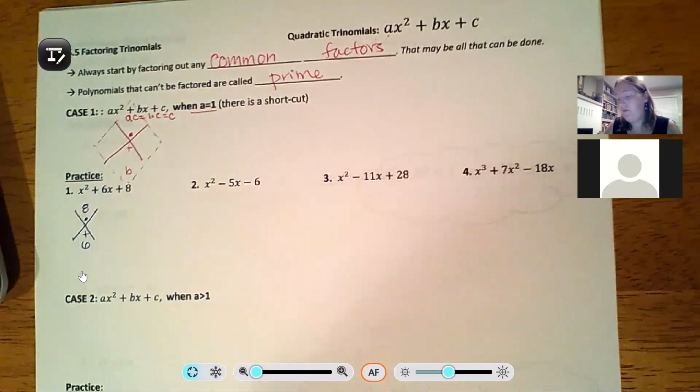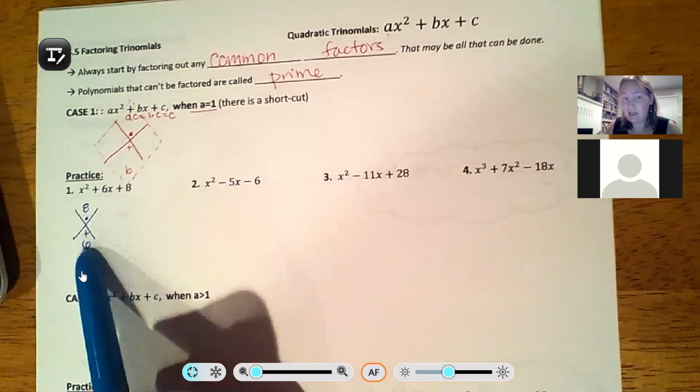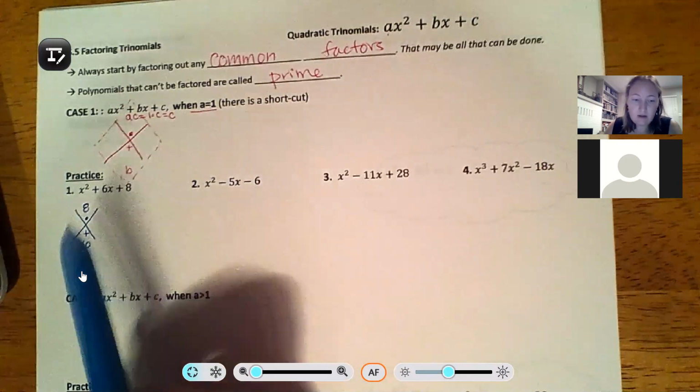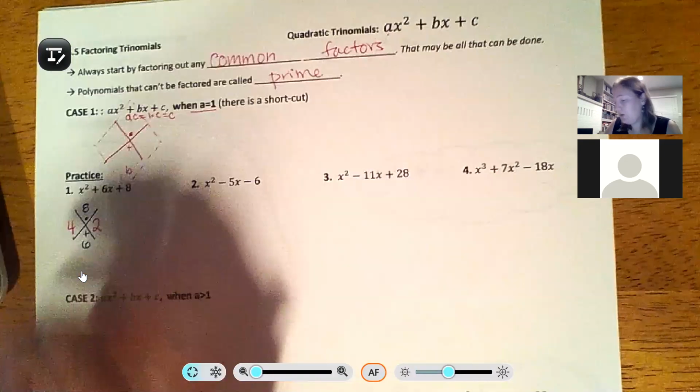And that's fine, and you can do it that way. I find that this is even quicker normally than making a whole table. So we have to ask ourselves now, what multiplies to 8 but adds to 6? What two numbers meet both conditions? 4 and 2. Beautiful.